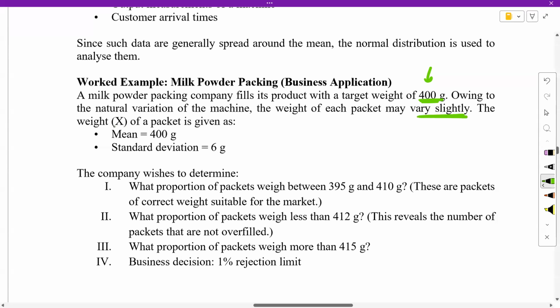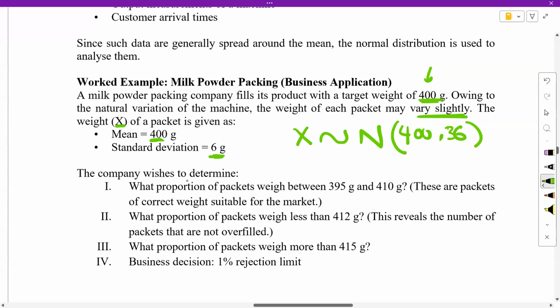We assume the weight X of a packet has mean 400 grams and standard deviation 6 grams. So how can we write this? X follows a normal distribution with mean 400 grams and standard deviation 6, so variance 36.